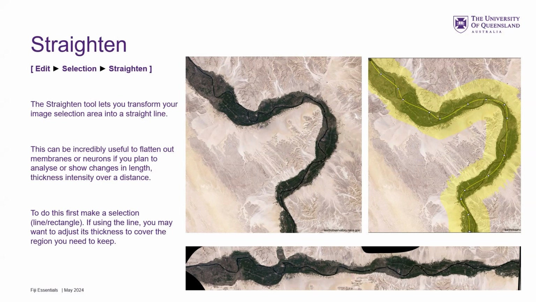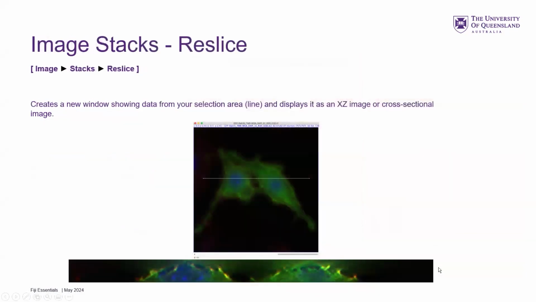Quite nice. To do this, make a line or rectangle selection. Usually the line is a bit easier because you're probably going to have a curved thing that you're trying to straighten. Then adjust its thickness: double click on the line tool, make it 100 pixels wide, and straighten it. And you get that. Quite useful. Another thing is to reslice your data.